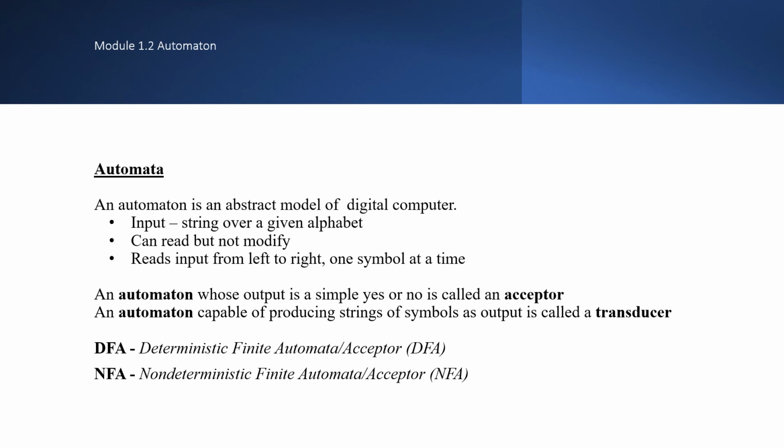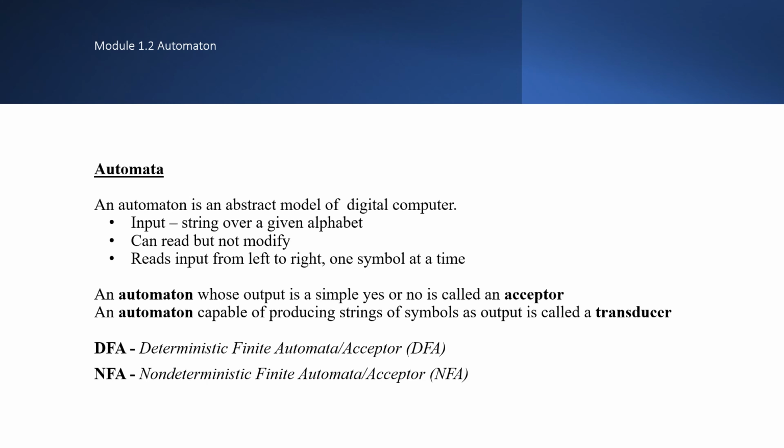If the automaton reads the input and decides if it's accepting or not accepting, which is what we're going to be doing with DFAs and NFAs, then that is called an acceptor. If the automaton reads input and produces output, then that is called a transducer.